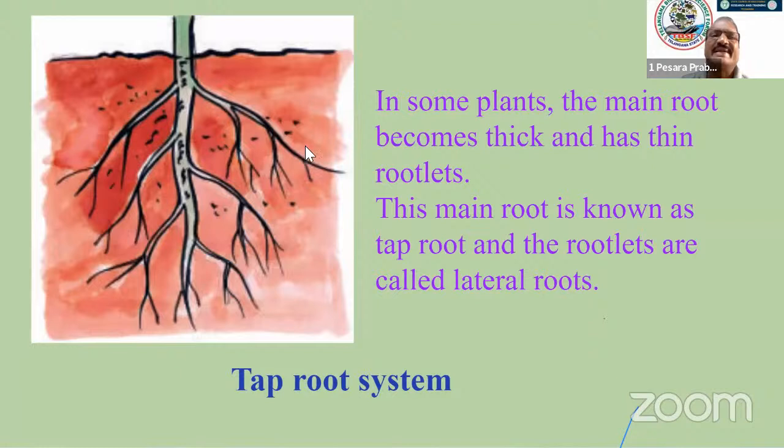And these rootlets are called lateral roots. Okay, so this type of system is called tap root system. Okay, so in tap root system, one main tap root is there and some thin lateral roots are present.